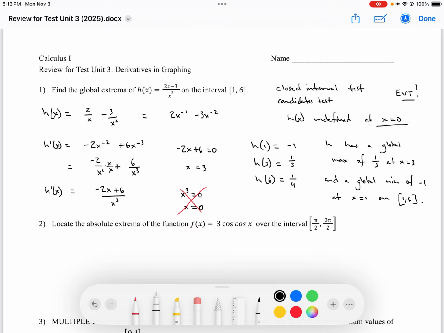Right, it's on the closed interval. So I think that would be my conclusion there. Notice that it says find the global extrema, so I do need to actually find the y values, which were 1/3 and negative 1.